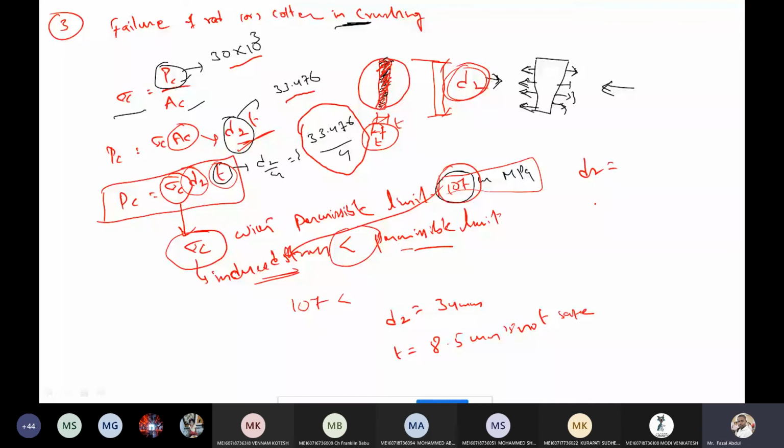So to calculate this one, instead of calculating sigma C value, we have to substitute the sigma C value as 90.